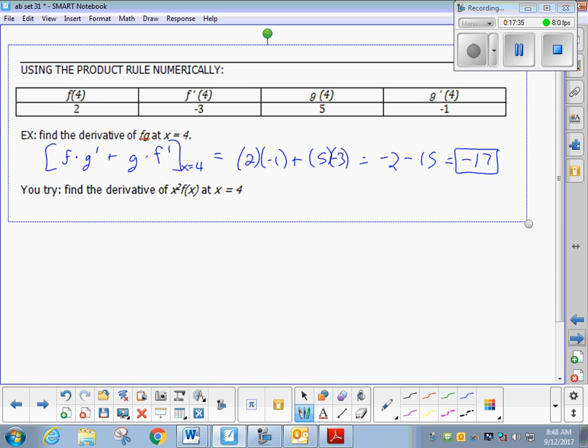This time I'm not using g. I'm just saying x squared f of x. Because it's a product, you do have to use the product rule.